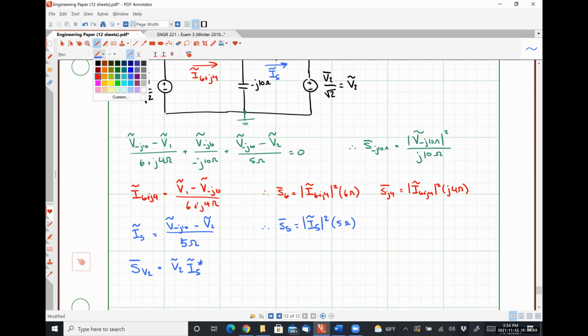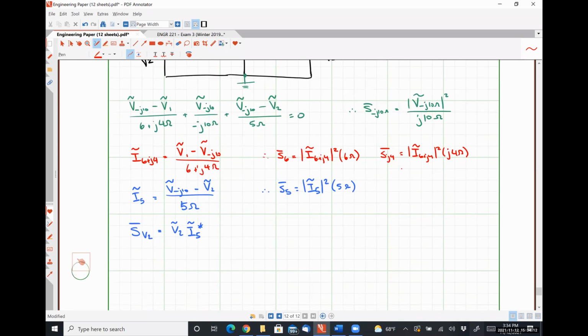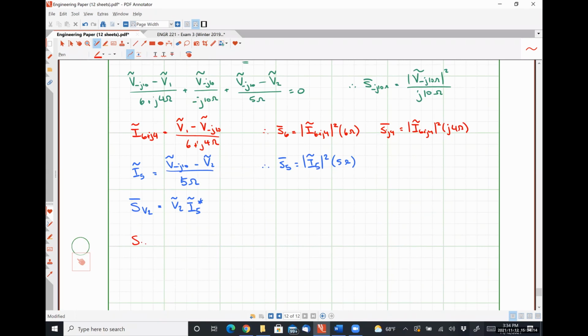And circling back around, I6 plus J4 is the current that flows into the negative polarity terminal of my voltage source V1. So SV1 is equal to V1 times negative I6 plus J4. The negative should be inside of the conjugate.